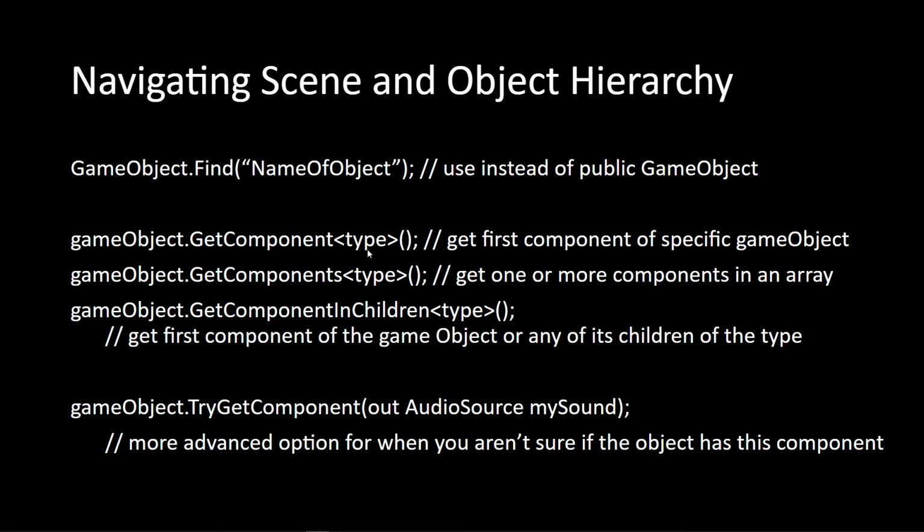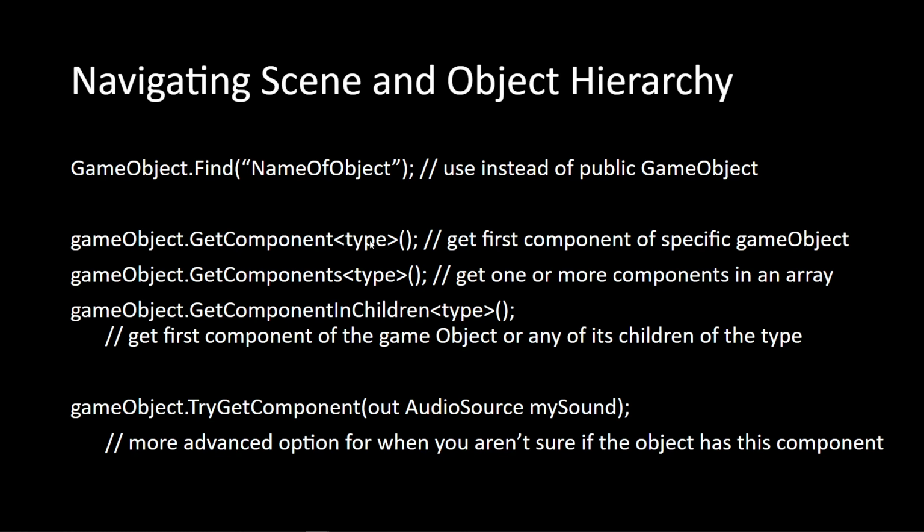Okay. You're probably pretty familiar at this point with GetComponent and getting a component of a certain type. If you needed to get an audio source, or a rigid body, or any sort of collider, this is probably the most commonly used way of finding a component on a game object. We see that used a lot.